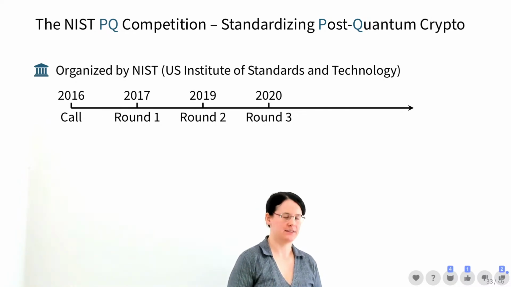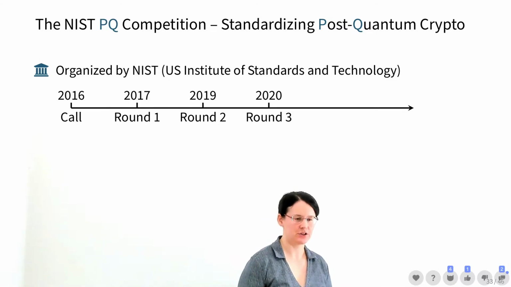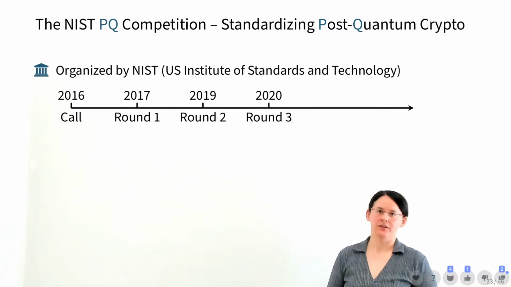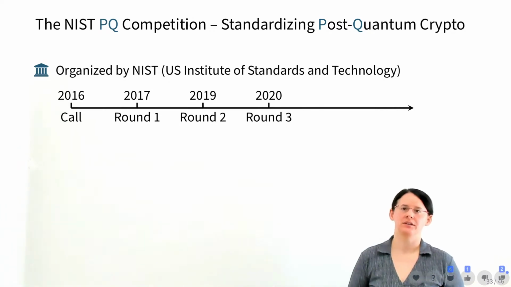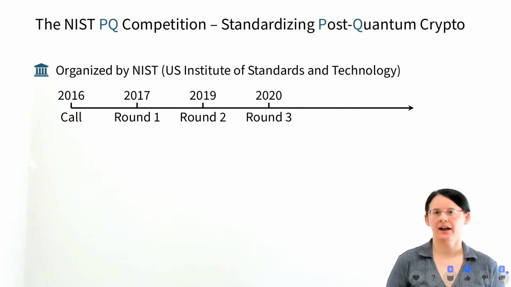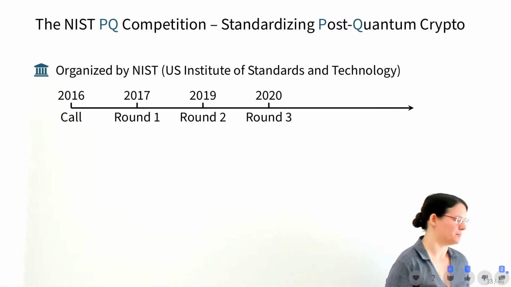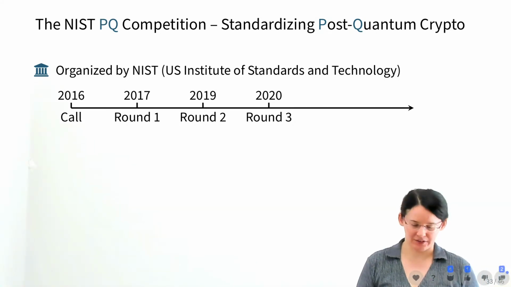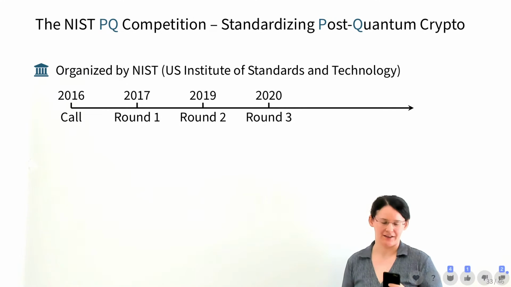The competitors in this competition were a large number of schemes designed by international teams of cryptographers. And by now we are in round 3, so they have been narrowed down significantly. And we now have a set of round 3 candidates, plus some so-called alternate candidates in case the main candidates turn out to not be so great. And one of them is probably going to be standardized sometime in the near future. Let's see, maybe sometime next year or so they can finally agree on something.